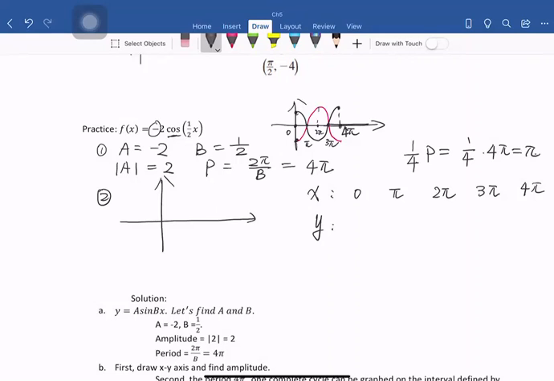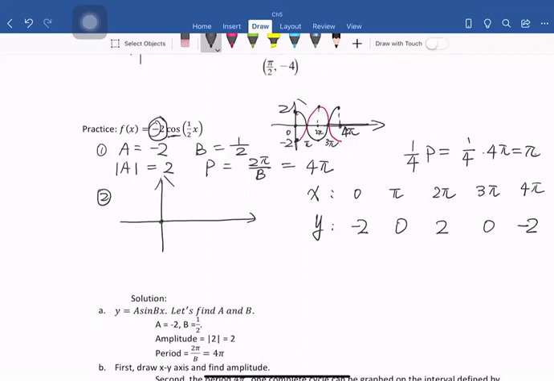The y value, the first one must be the minimum value. The minimum value for this one is -2 because the amplitude is 2, and the maximum value is 2. So this is -2, and at pi it is 0, and this one is 2, and then 0, then -2.